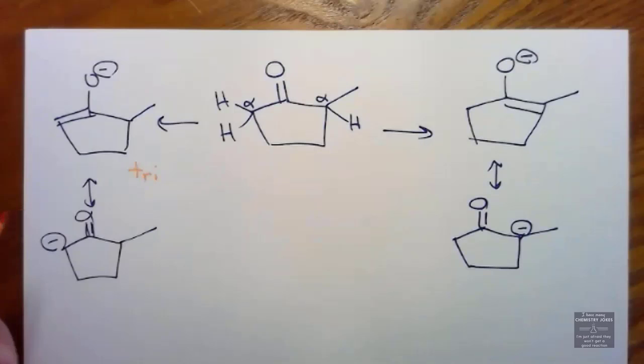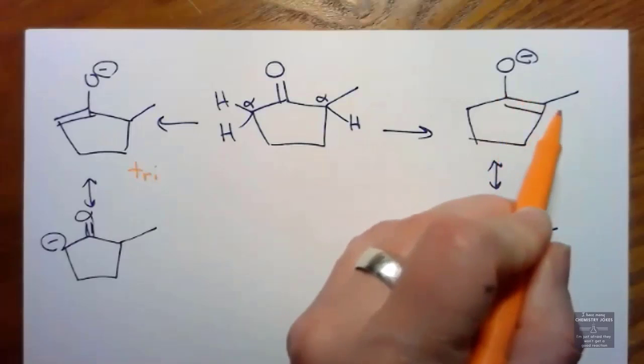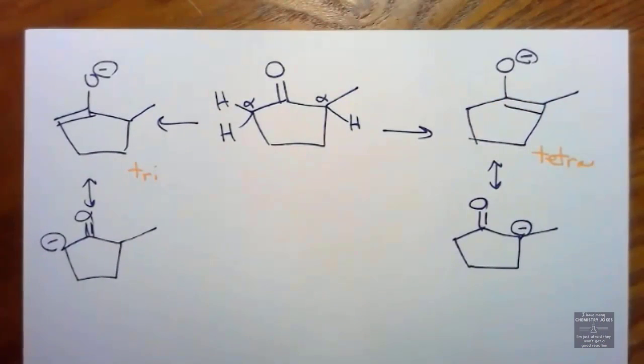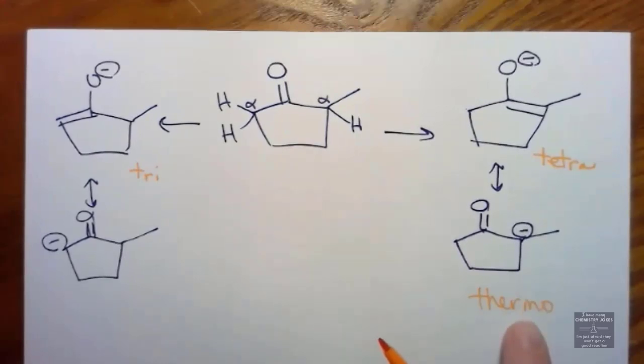The oxyanion is a tri-substituted alkene. This oxyanion is a tetra-substituted alkene. Which alkene is more stable? Tetra. So which enolate is the thermo? This one.